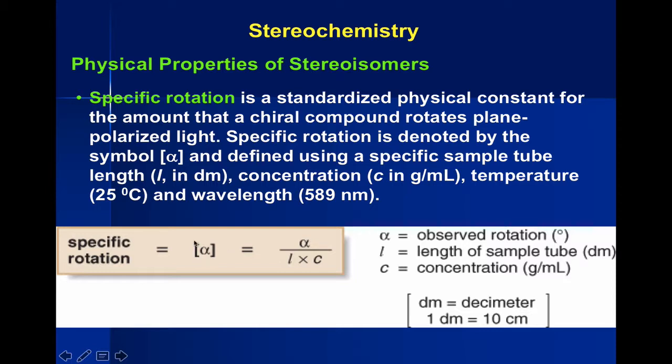And sugar is a chiral molecule, and they know the specific rotation of sugar. And so they know this value. They can determine this with the polarimeter. They know what their path length is. And so with a little algebra, they can actually solve for concentration. And so it's a quick and easy way to determine sugar concentrations in sugar syrups that come into these processing facilities.